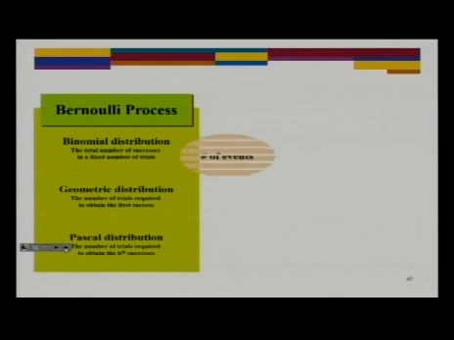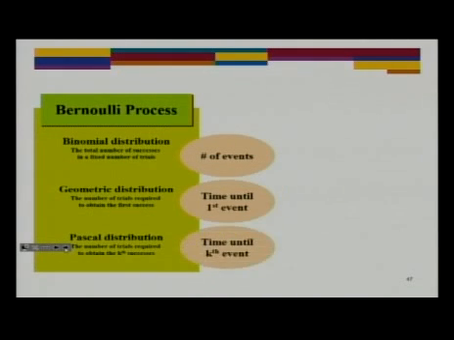Okay, now I'm going to summarize what you've learned today. In a Bernoulli process, each random variable is independent of each other. And what else? Each random variable follows Bernoulli distribution. Is that right? So keep in mind that. That's very important. Okay?